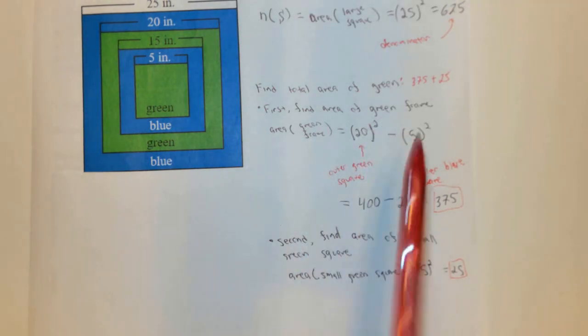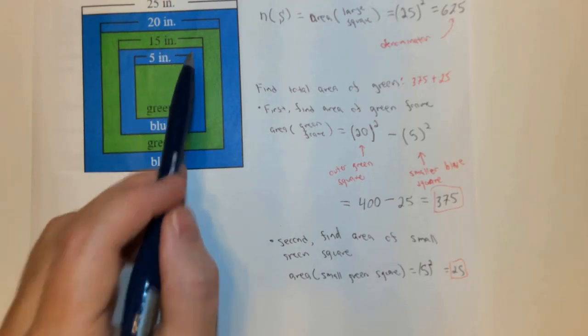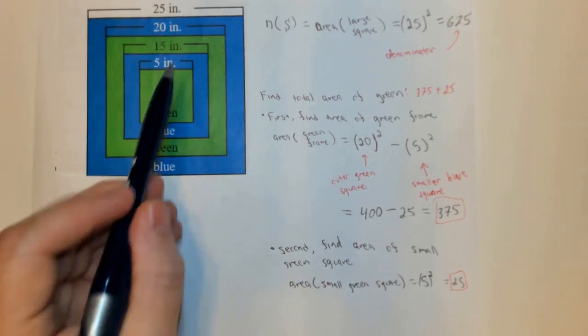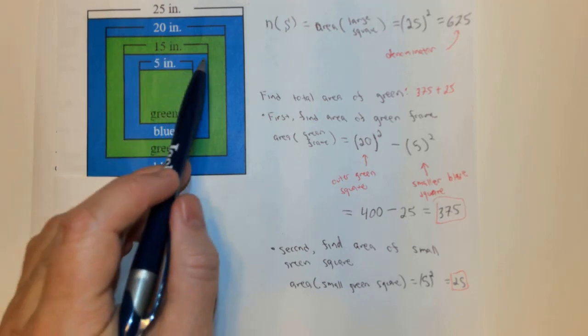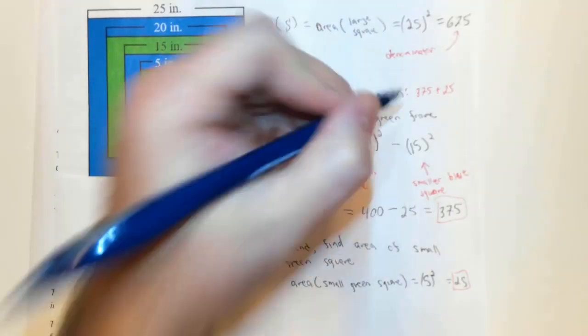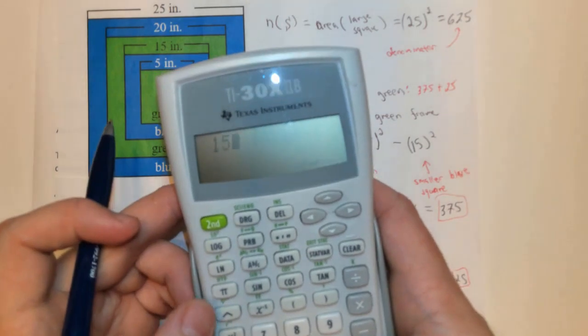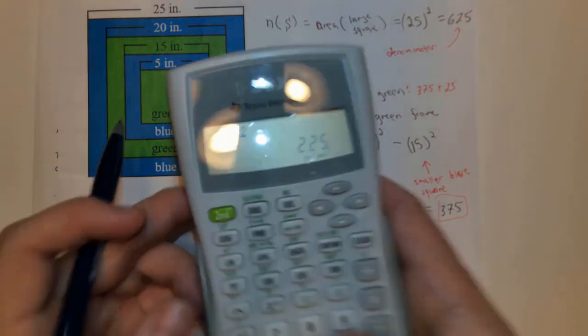Oh, I made a mistake right here, so let's catch that. Here we have 20 squared. The blue frame here is 15. So that's going to change just that. So 15 squared is 225.